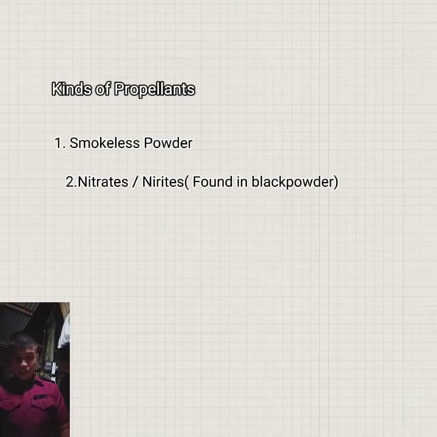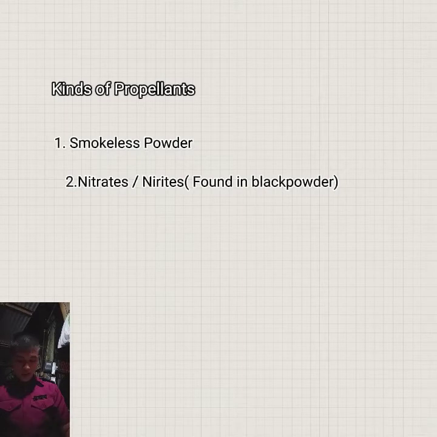The first one is smokeless powder. Smokeless powder, the most widely used propellant, is based on nitrocellulose. Single base contains only NC, while double base contains nitroglycerin in addition to NC, and triple base contains nitroguanidine plus NG and NC.